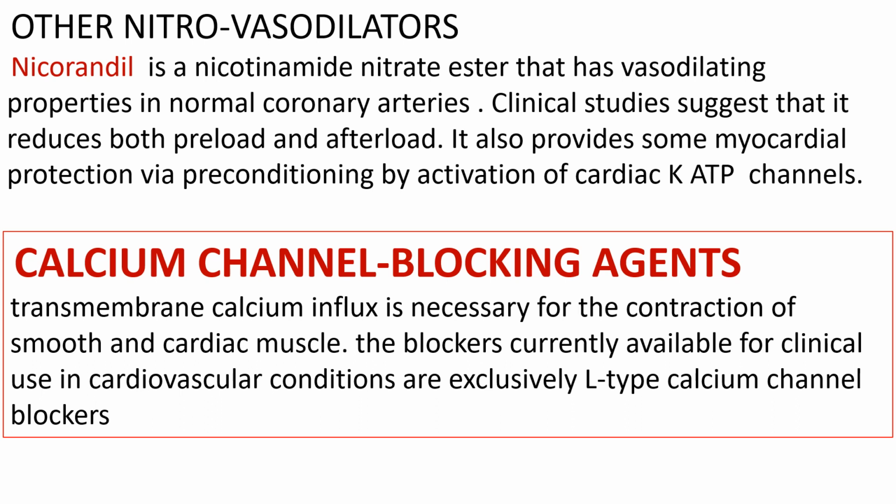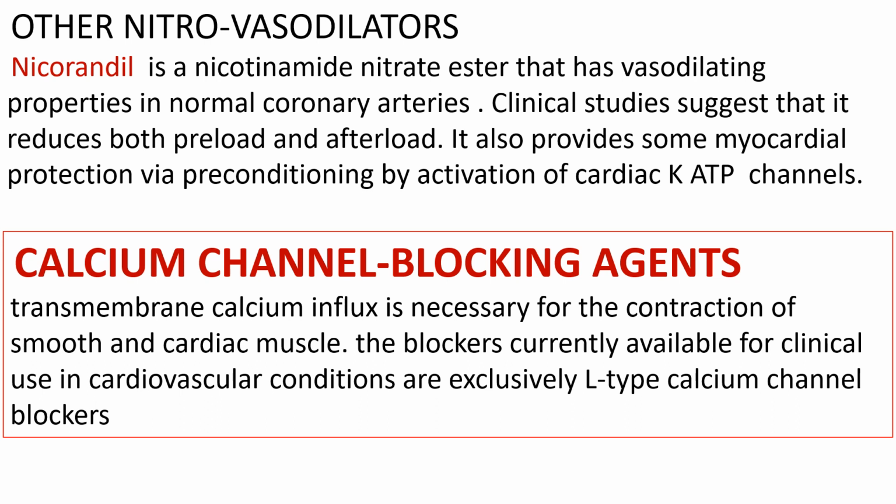By preconditioning and by the activation of cardiac potassium ATP channels. So here we end the first category of anti-anginal drugs, nitrates. In short, if we summarize what we are doing with nitrates, we are increasing oxygen supply and decreasing the oxygen requirement.